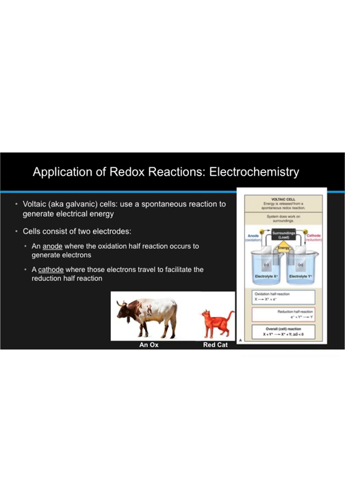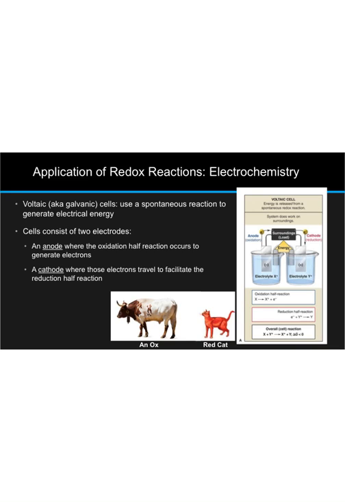The experimental design for this reaction consists of two reaction cells or locations, one in which the oxidation half reaction occurs to generate electrons in the first place, and the other where those electrons travel to facilitate the reduction half reaction.